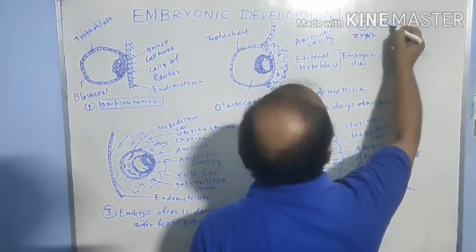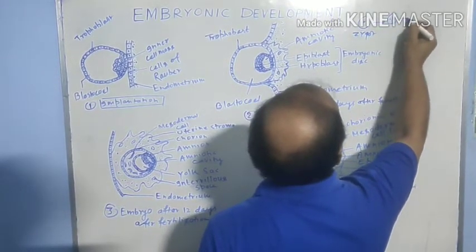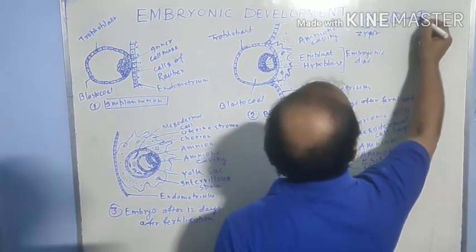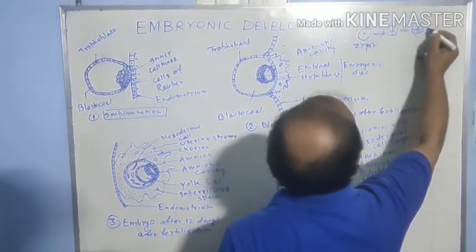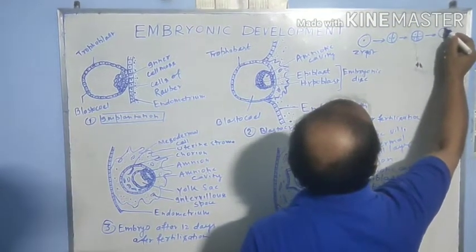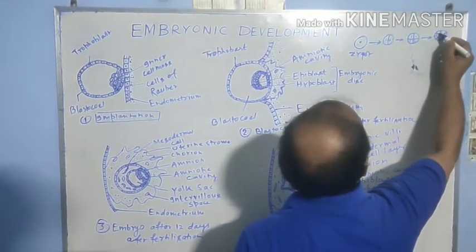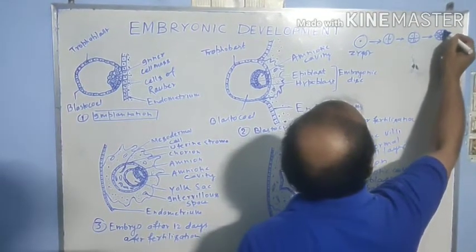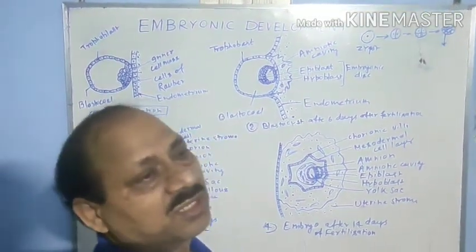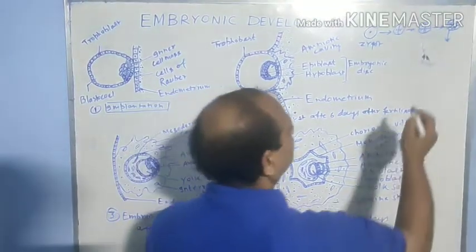In the first mitotic division, it divides into two parts. Similarly, it divides to form 4 cells, then 8 cells, then 16 cells, then 32 cells, and then 64 cells.